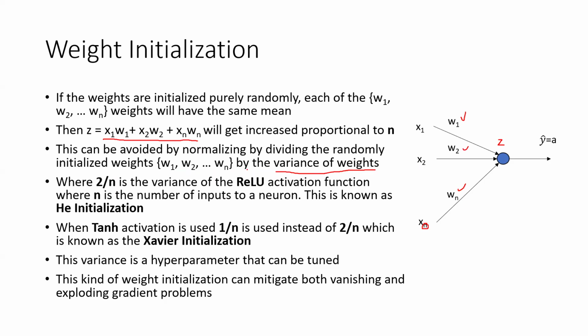When it comes to the ReLU activation function, they have mathematically found that if you use 2 by n, that is, you multiply with 2 and divide by n, where n is the number of features or number of dimensions, then your weights would be reduced to a certain level so that they would not have a very large value as n grows.